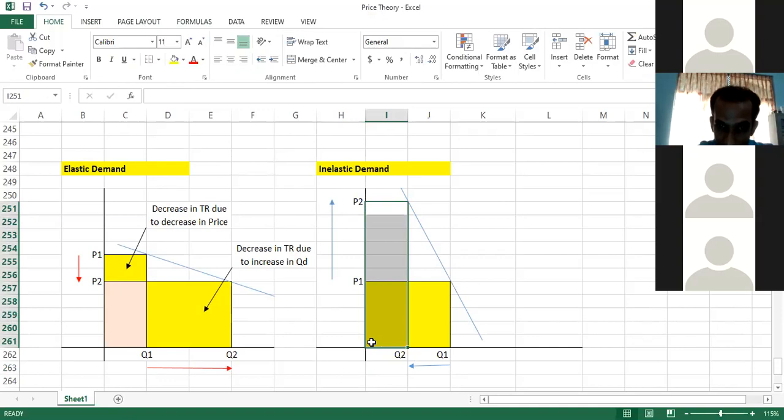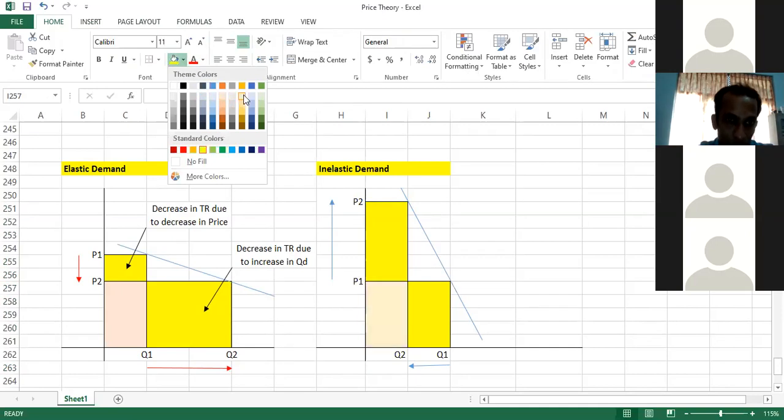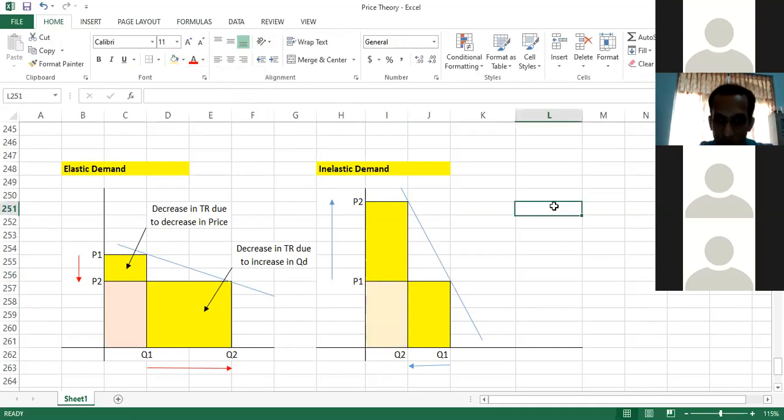You can see the total revenue under the new price is this. Again, according to the earlier analysis, this part is common for both cases.